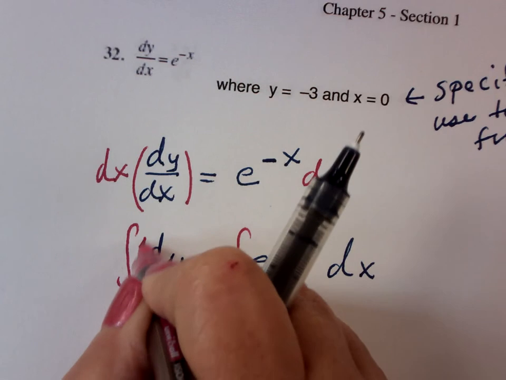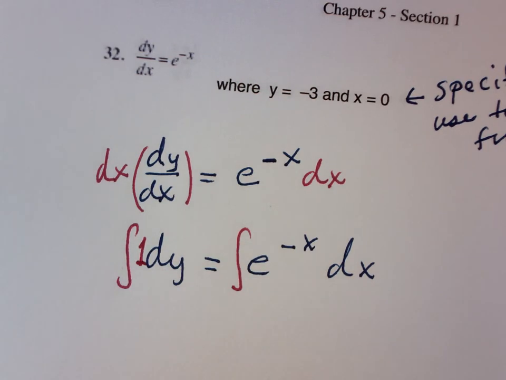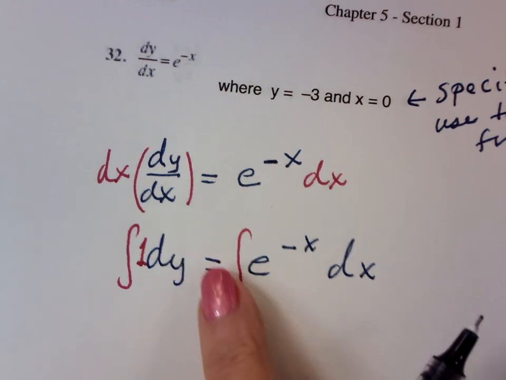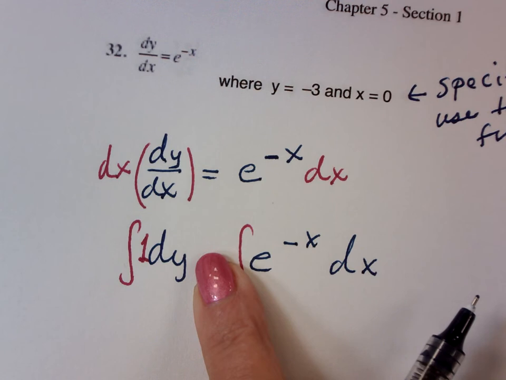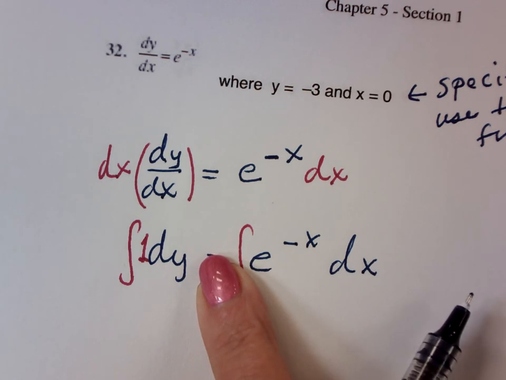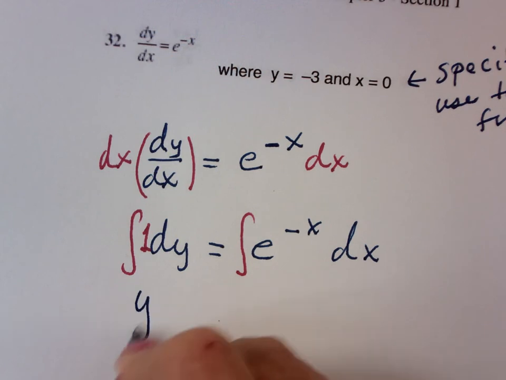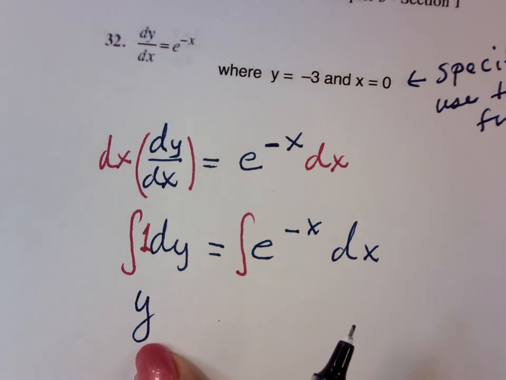Even if you don't see it, it's 1. So what's the antiderivative of dy? You don't see any x's. y plus c, right? Because if I differentiate y, I get y prime, dy/dx, or dy.